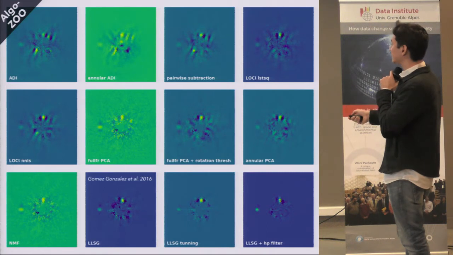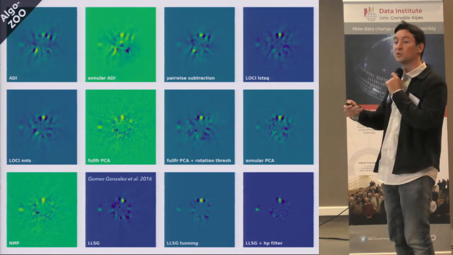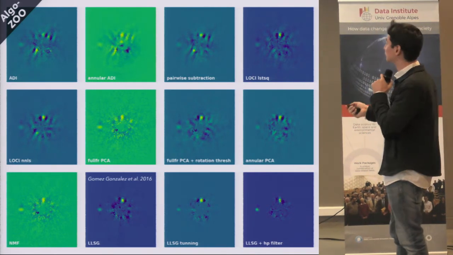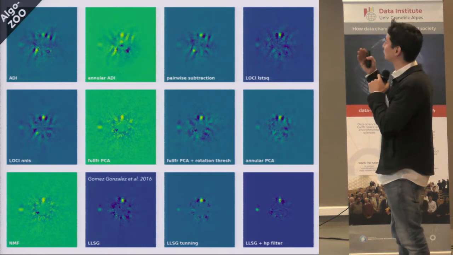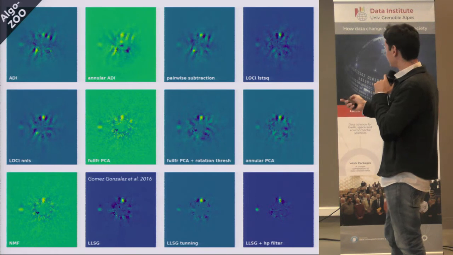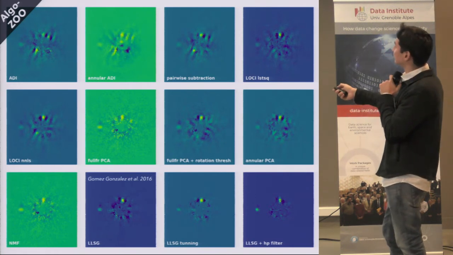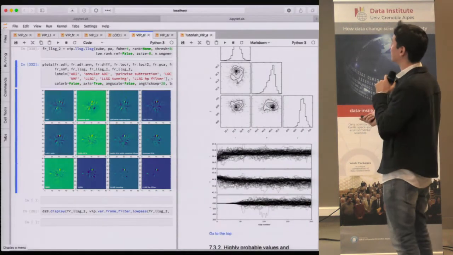So I took ideas from computer vision. They were using low-rank plus sparse decompositions to model video sequences, to try to do background subtraction. So this algorithmic zoo is possible thanks to VIP and open source development, right?